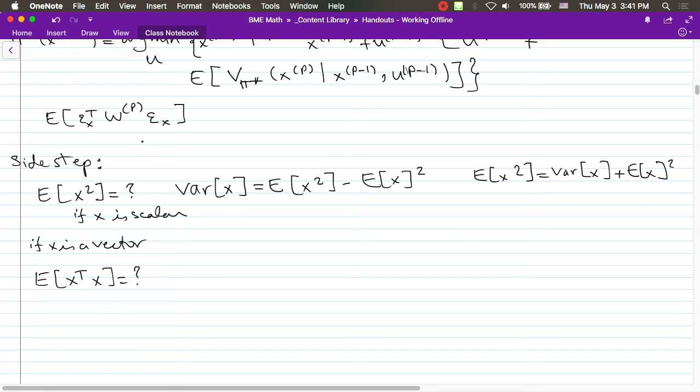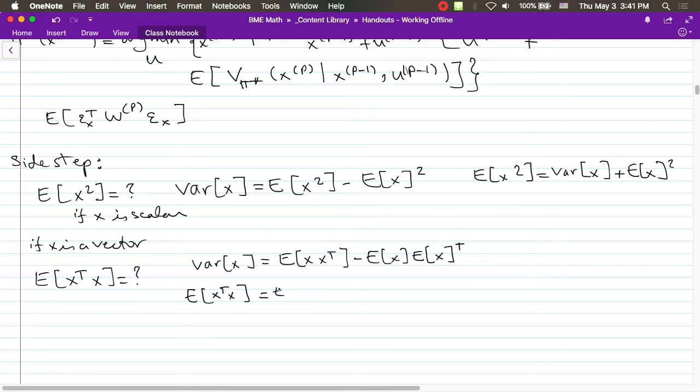So this is now getting close to this. Well, in this case, the variance of x is the expected value of x x transpose, minus the expected value of x times the expected value of x transpose. So the expected value of the quantity x transpose x, this is a scalar, right?